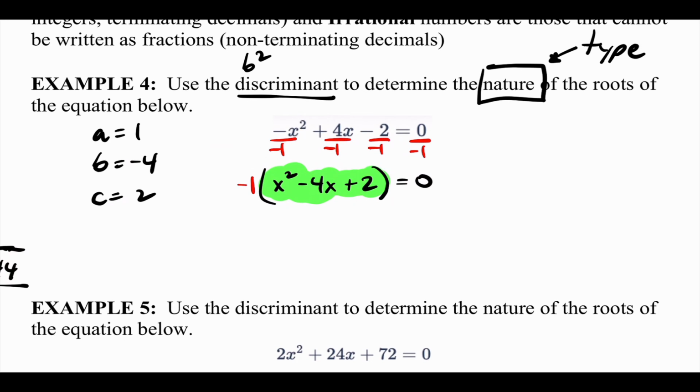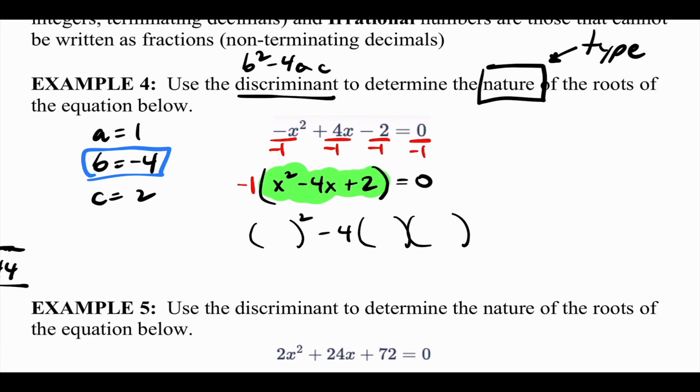So the discriminant is B squared minus 4AC. B is negative 4, so I'm going to put negative 4 in here. A is 1. C is positive 2.